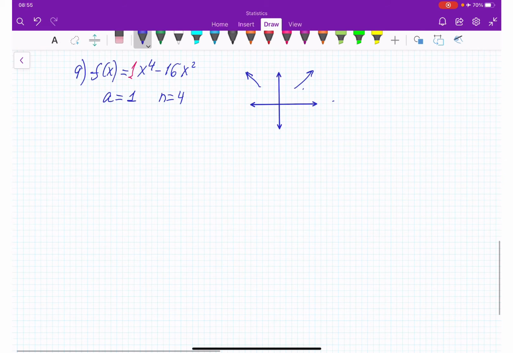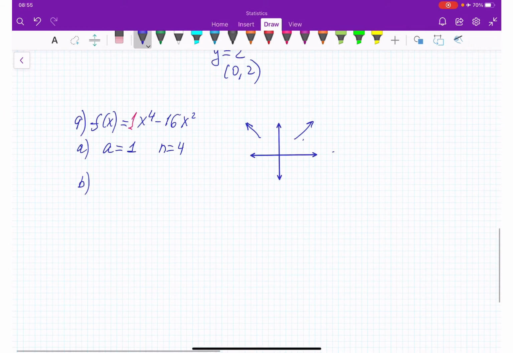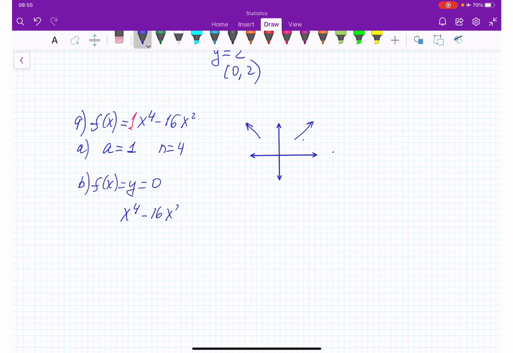Next, find the x-intercept. This is question a. Sub-question, rather. To find the x-intercept, we have to take y equal to 0, which is our f of x. So we have x to the 4th minus 16x squared, and that is equal to 0. If I take x squared out as a common factor, I will get x squared times x squared minus 16 equals 0.